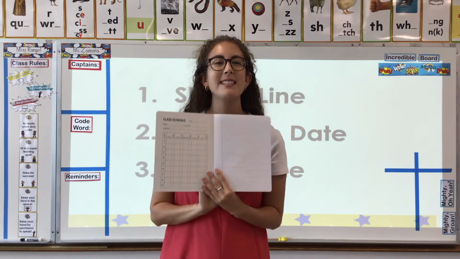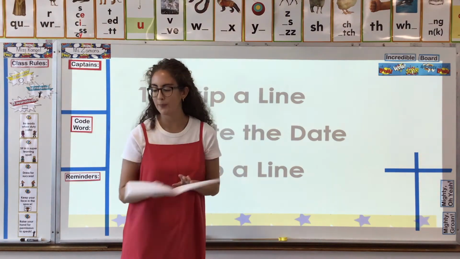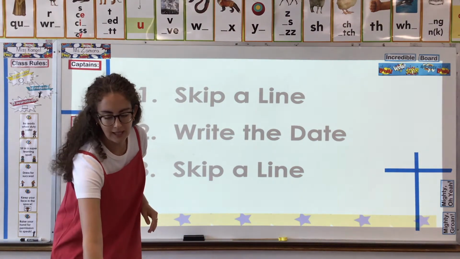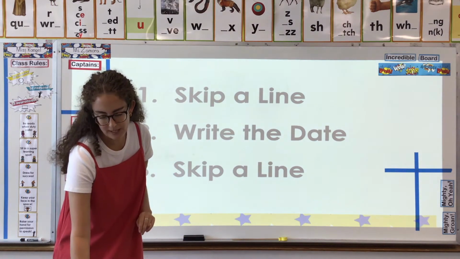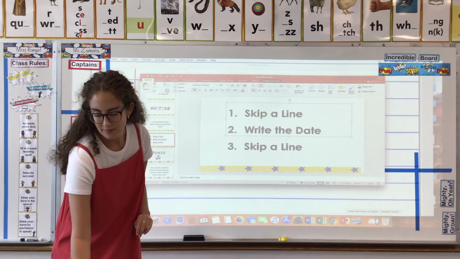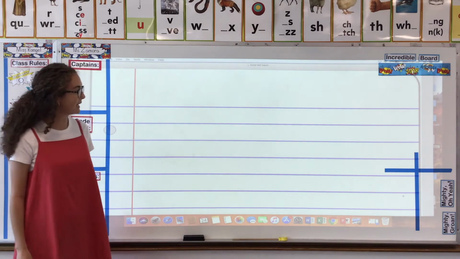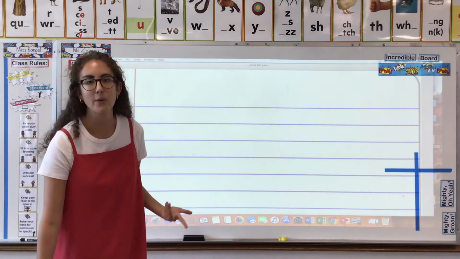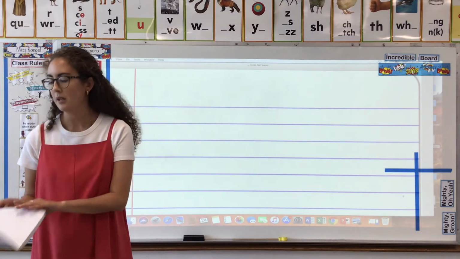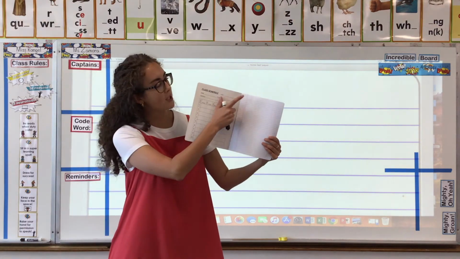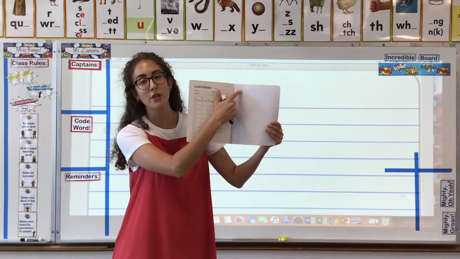So make sure you have this in a nice sharp pencil. Okay, let me get out my notebook page. Okay, this is the one I am going to be writing on today. So make sure we can all see it. Again, you are at the top of the first page of your journal.